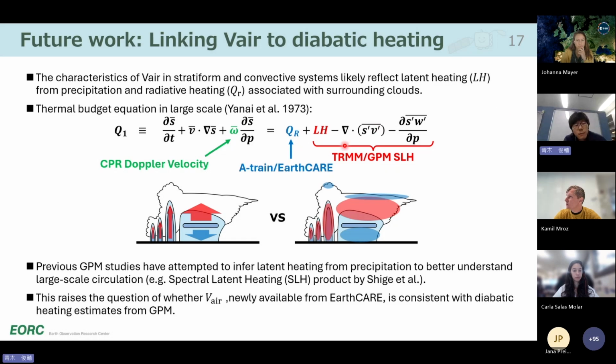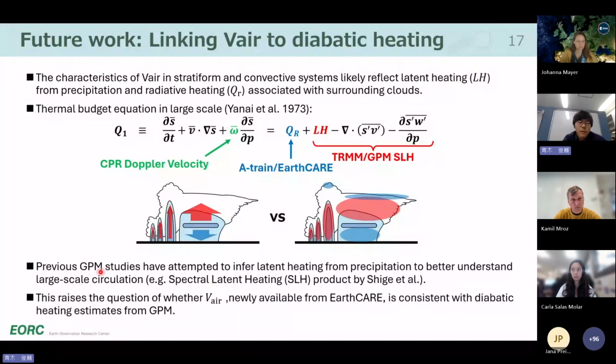In some budget equations at large scale, vertical air motion is related to the radiative heating and latent heating rate.